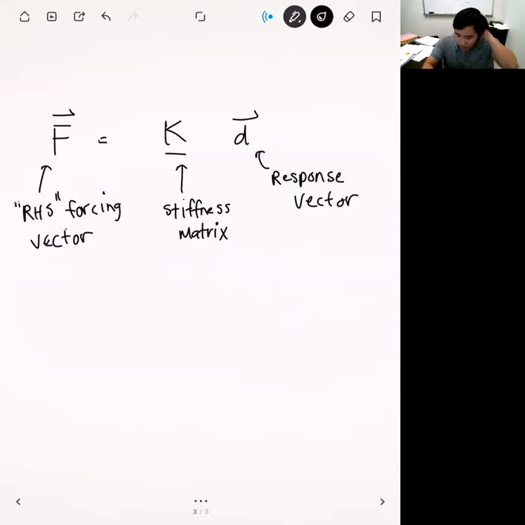Let's start from the left and go to the right. So let's start with the right-hand side forcing vector. The reason this is called the forcing vector is that what goes into this vector is basically all of the external effects that are acting on our structure.